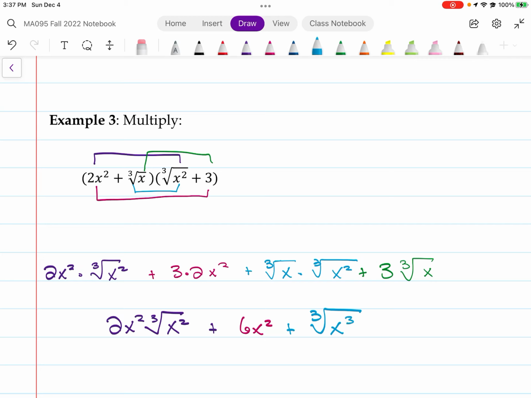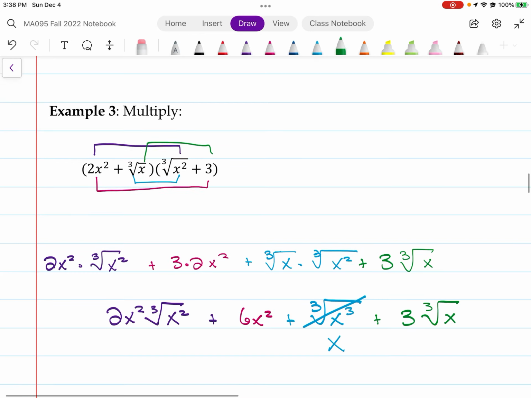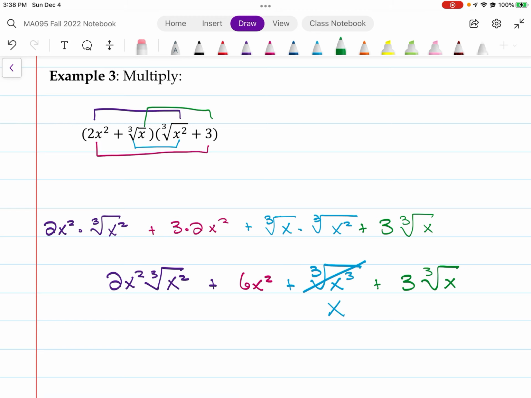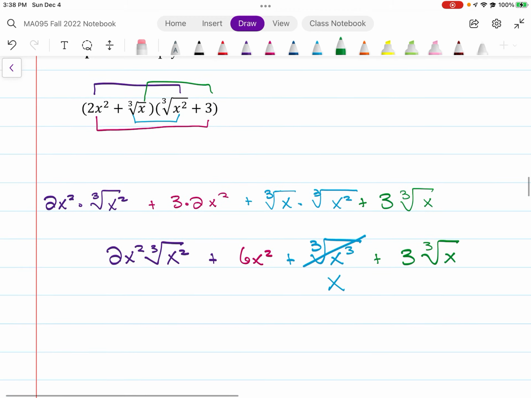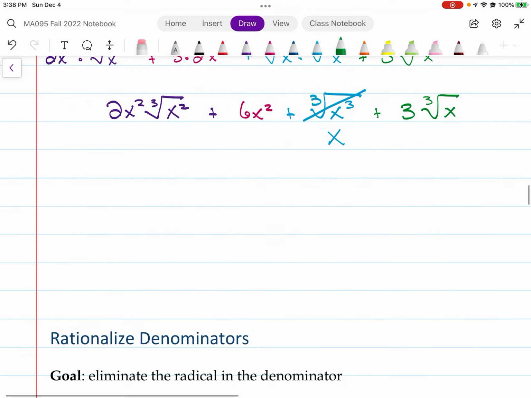So the cube root of x cubed, instead of writing all this all over again, I'm just going to go like this. That's x. All right, plus 3 cube root of x. All right, and you could erase that and put the x in and everything if you want to, or you could rewrite it if you'd like. Okay, let's look at some more.